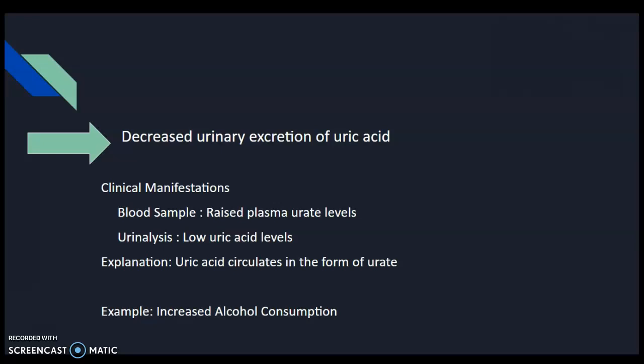And using the clinical manifestations of those tests, mainly the raised plasma urate levels, to explain this, uric acid circulates in the form of urate. So we have a bunch of uric acid circulating in the blood and not necessarily in the urine. It's not being able to be excreted.